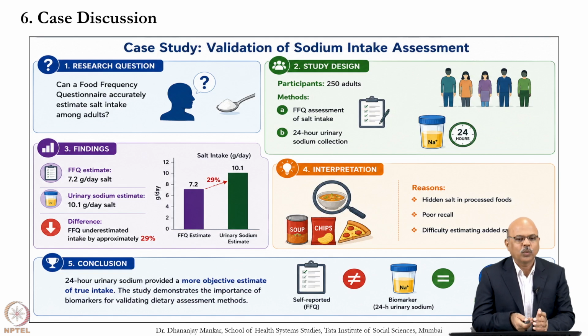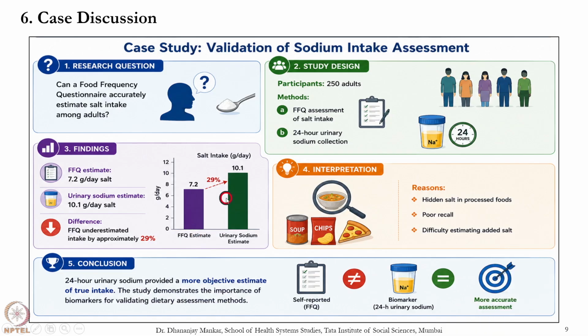You can identify over here that the FFQ is 7.2 and urinary sodium is 10.1. The interpretation was that hidden salt in processed food is more, poor recall for the 24-hour part in the FFQ, and difficulty estimating added salt.